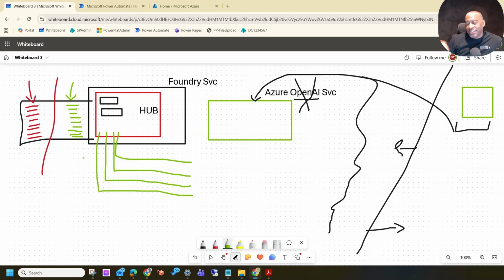That's a very key piece to note because, for example, Anthropic is not an Azure provided model.